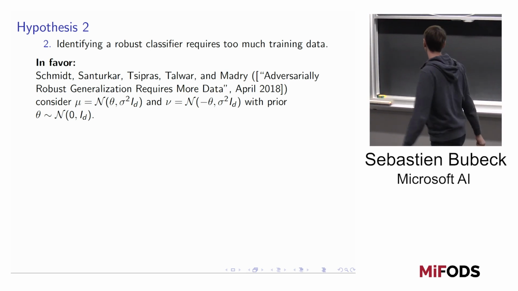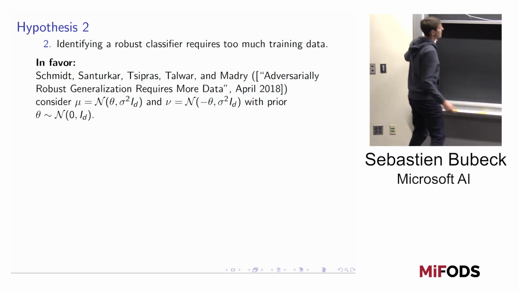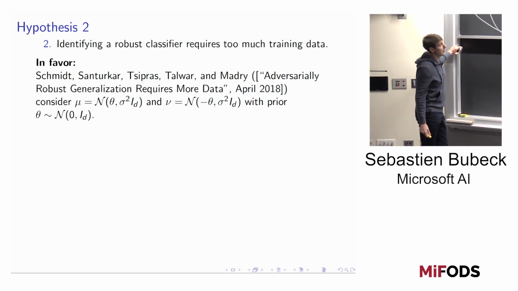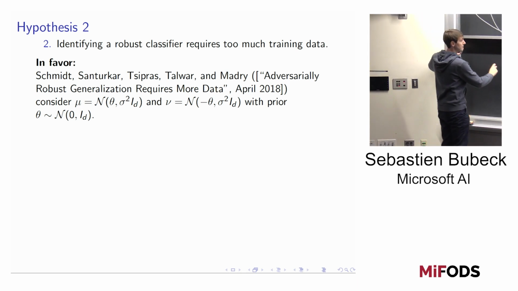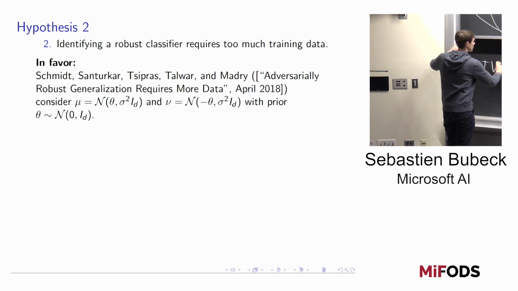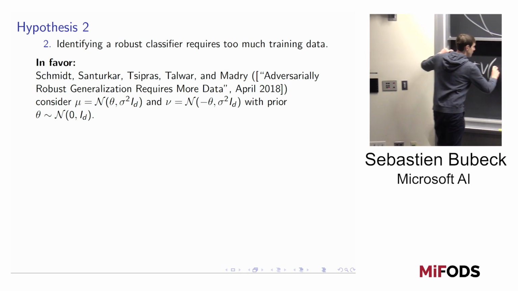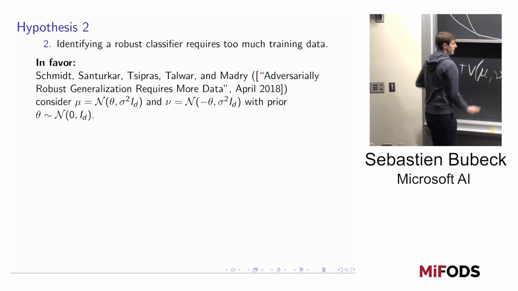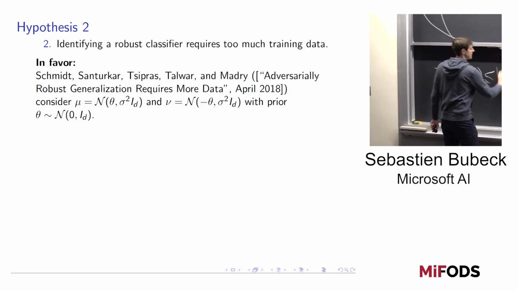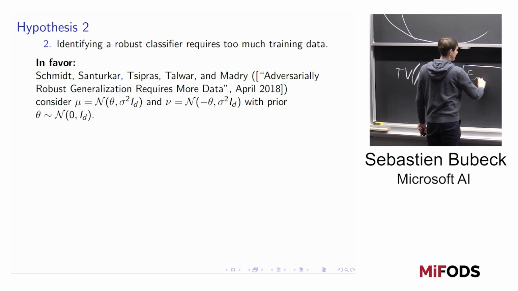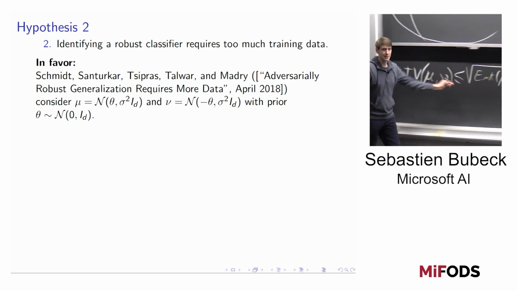Just as a simple calculation to see it, if you have never seen it, look at the relative entropy. You can look at the total variation distance between mu and nu, and just apply Pinsker. This is smaller than square root of the relative entropy between mu and nu. In fact, for Gaussians this is morally tight.